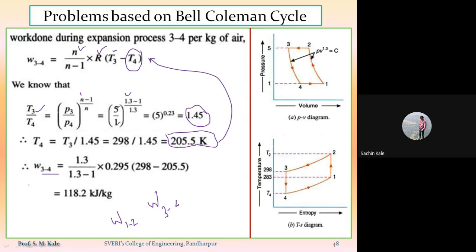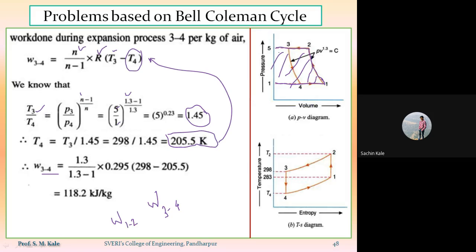now which value is higher? For W1 to 2, we have to consider this much area, because the area under the PV diagram gives the work supplied or work obtained. So W1 to 2 is this much entire area.